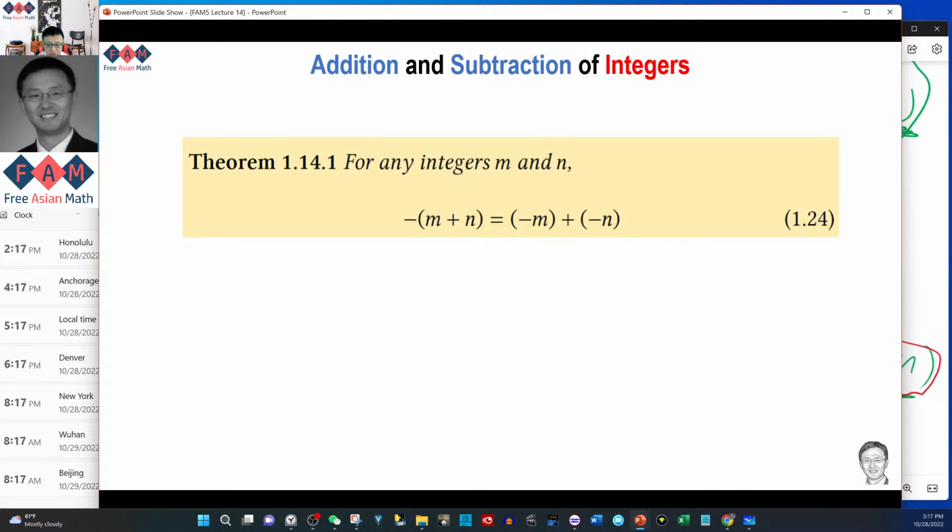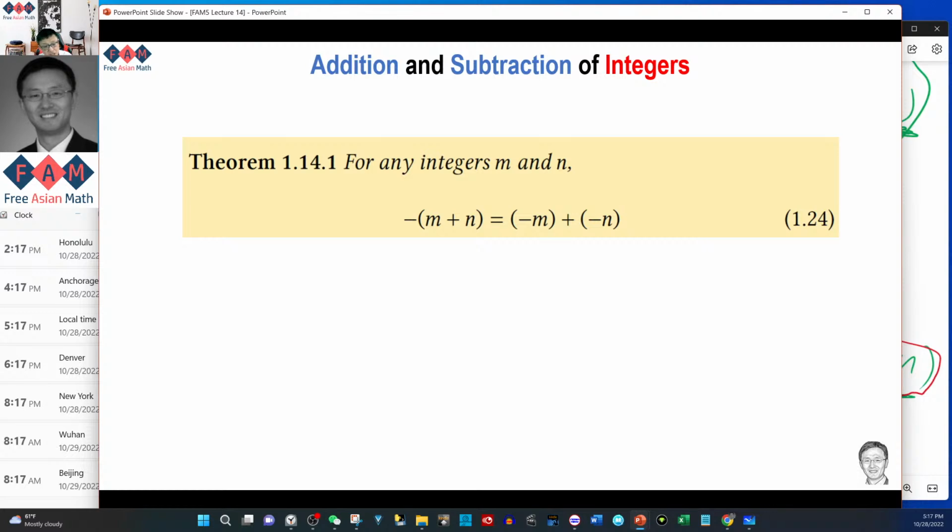Okay, remember here, again, don't assume m and n are positive. It doesn't matter. m could be negative, n could be negative, both could be negative. And what do you have when you have a negation of m? If m is negative, that's just positive, right?